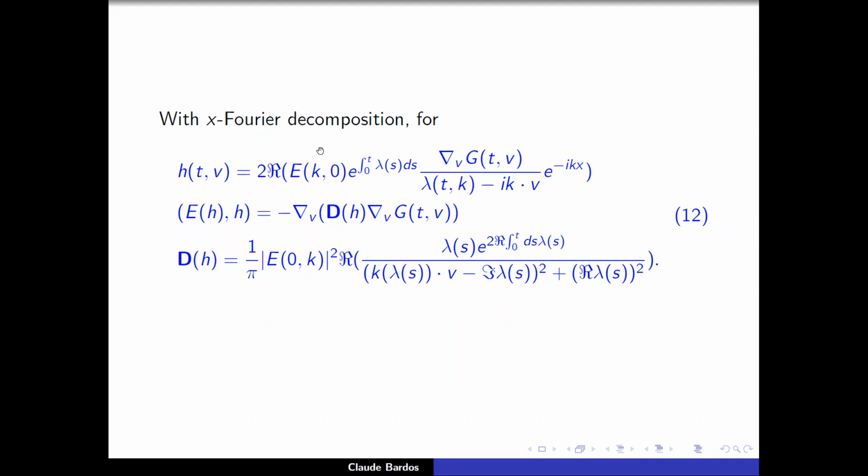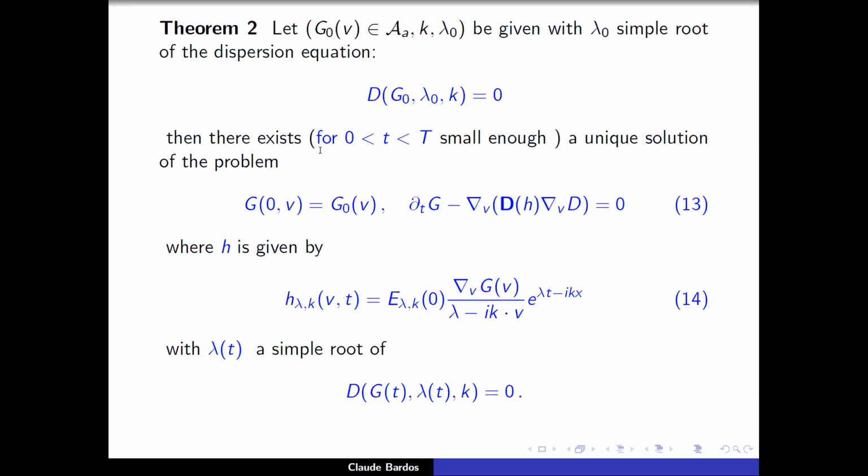And for D of h, which will be like a diffusion, I assume that D of h is 1 over pi, the integral over k of the modulus of the vector k squared, the real part of exponential lambda s, exponential 2 integral from 0 to t of lambda s ds, over k times lambda s scalar v minus the imaginary part of lambda s squared plus the real part of lambda s squared, which is a formula that will be justified by the use that I make of it, and that will be a theorem.